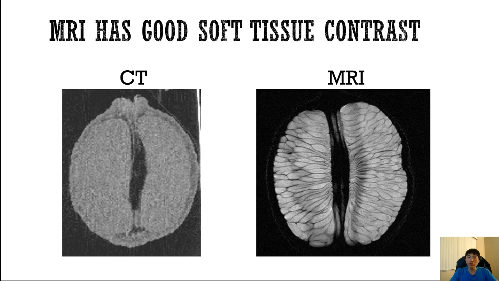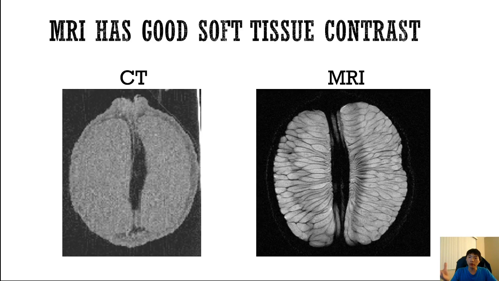But as I mentioned, CT uses X-rays, and X-ray is a higher energy part of the electromagnetic spectrum, and so with CT, there's a risk of ionizing radiation causing damage, causing injury due to damage of your DNA.